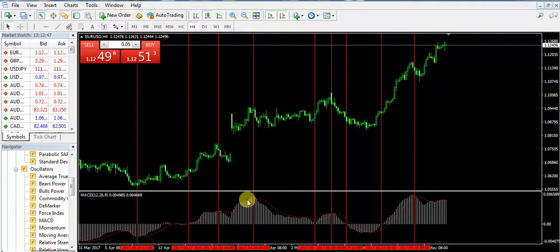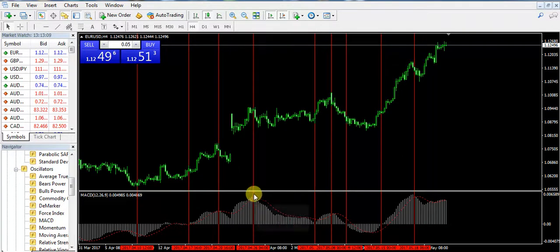The bars stayed above the red dotted line, the MACD's own moving average, indicating a possible continuation of our bullish behavior. And we can see over here, we had a changeover, warning us.